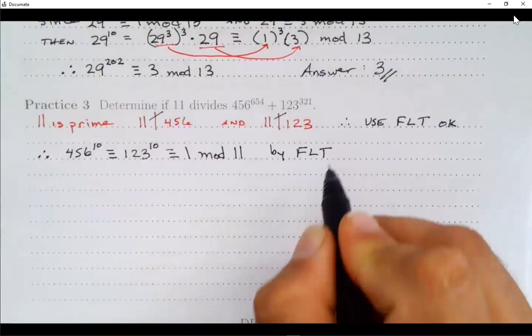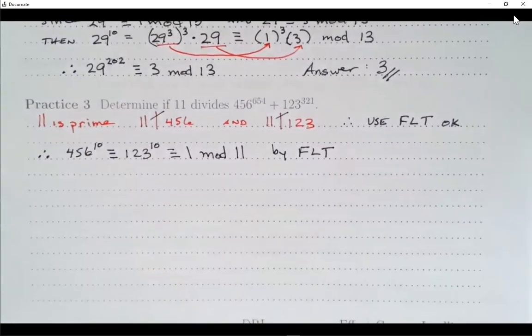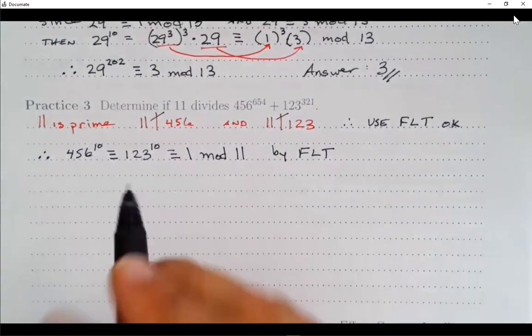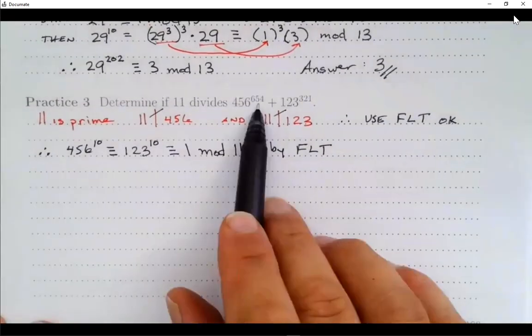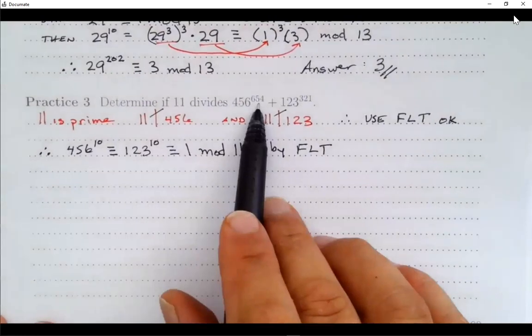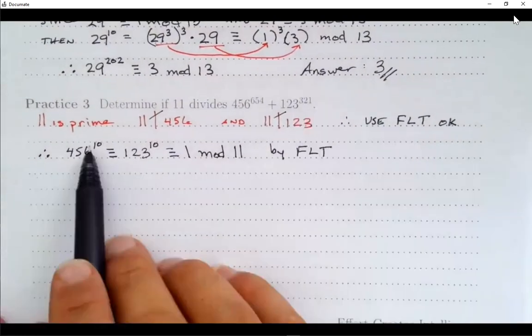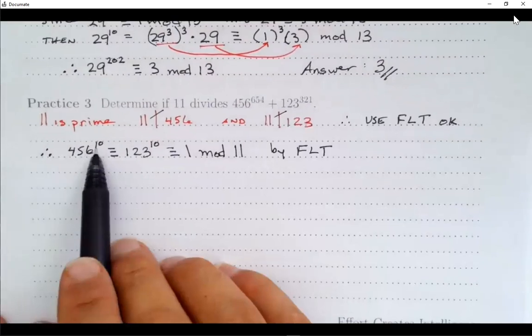Okay, so what could we do next? Well, what we could do next is to recognize how I could write 654 and how I could write 321 in terms of 10, right?